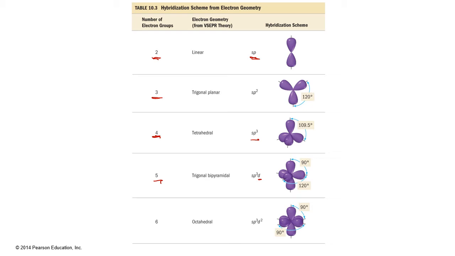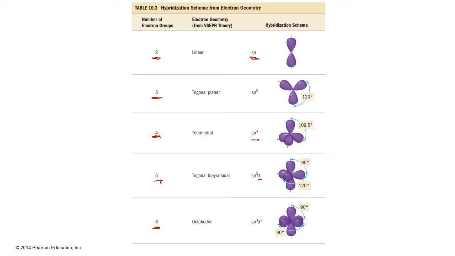So this is sp3d. And we do end up with the 90 degree bond angle between our axial and equatorial bonds and 120 between the equatorial. 6 electron groups is octahedral, sp3d2 with 90-degree bond angles.